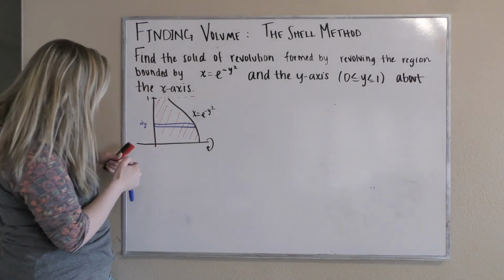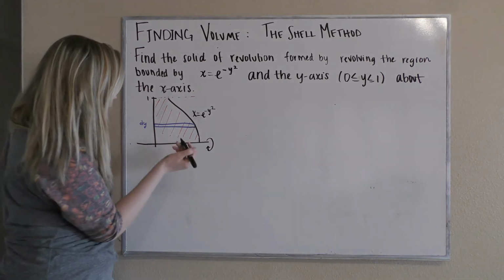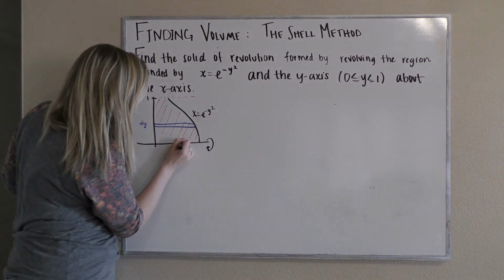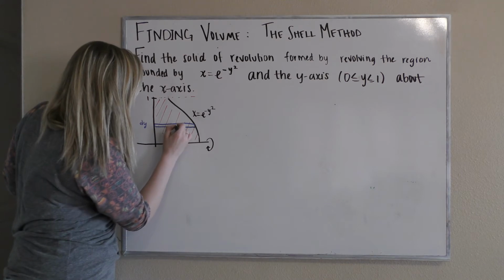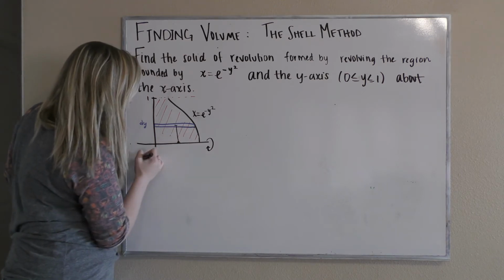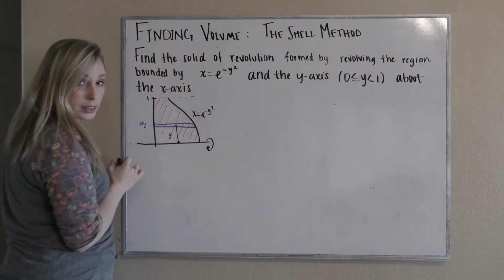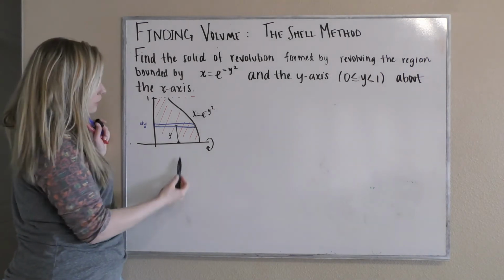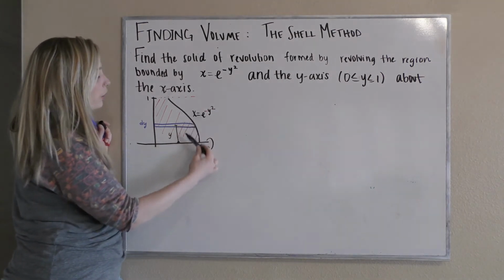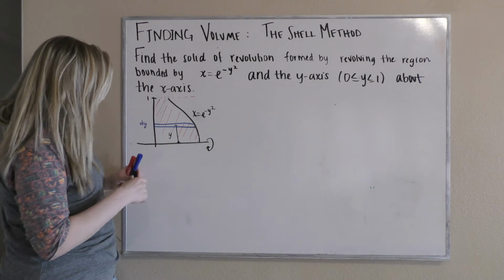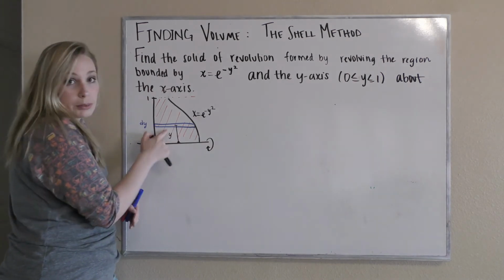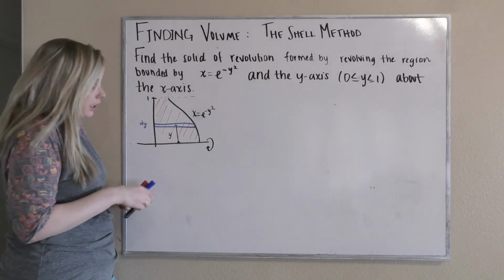Our radius is going to be the distance from here to there, and we will call that y. That's the distance of y. It is changing depending on where you cut that rectangle, but it is always from here to here, which is some y value, right?